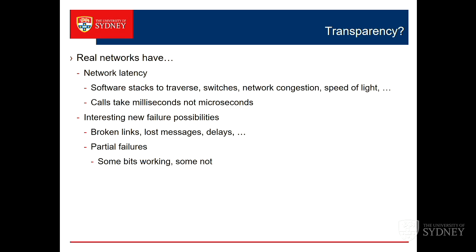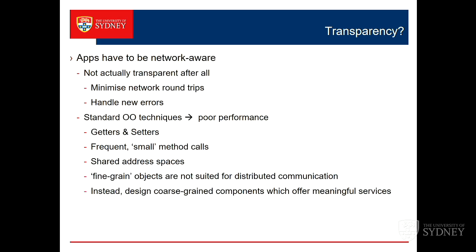And I can have partial failures. This part of the system is working, that part is not working. So now how do I cope with partial failures? Lots of interesting challenges. So my applications, although theoretically I'm trying to make it all transparent, in practice have to be really quite network aware because they have to cope with the failures.